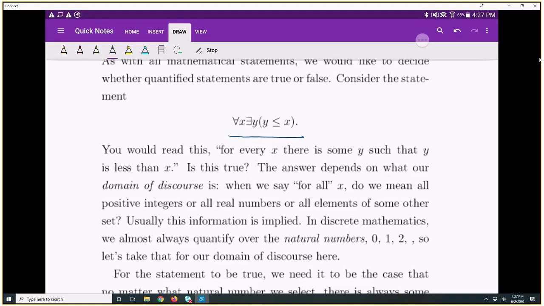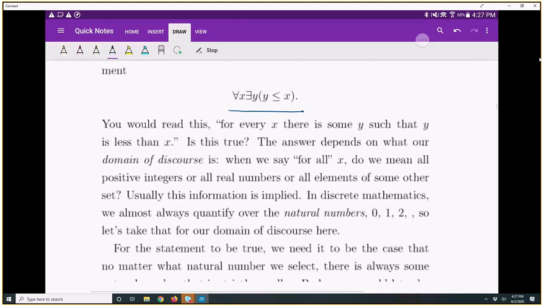Well, again, we haven't stated anything about our domain of discourse. Is there any particular set from which we can take x or y? Do we mean positive integers, real numbers, or some other set?